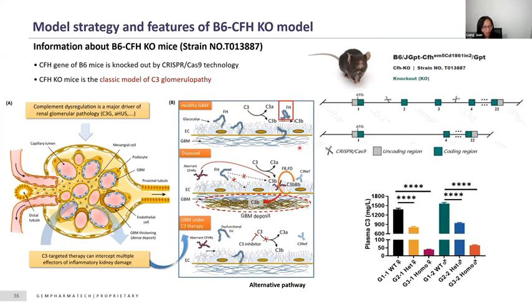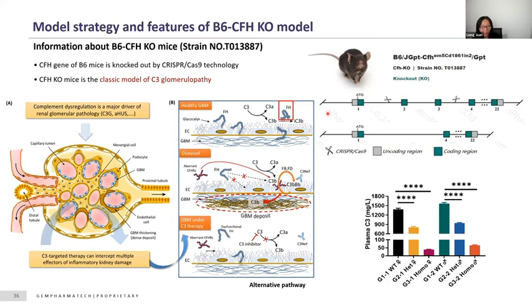Dysregulation of the alternative pathway can lead to C3 glomerulopathy. CFH is a negative regulator that will interrupt the C3 convertase forming and blocks the activation of complement.